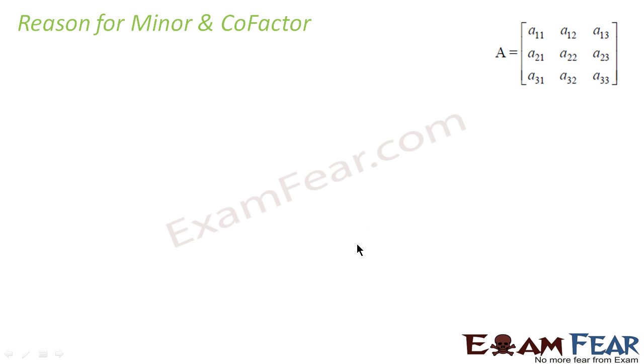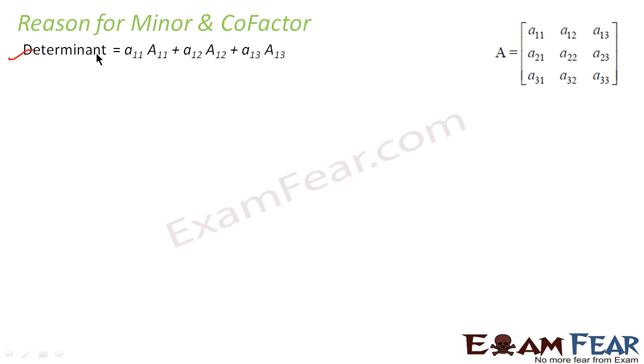The reason for minor and cofactor, as I told you, you should study things only if you find reasons to study, else it doesn't make sense actually. So for these matrices, if I want to represent determinant in mathematical terms, we knew how to find determinant.